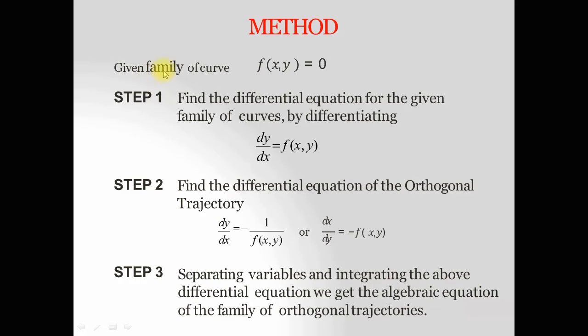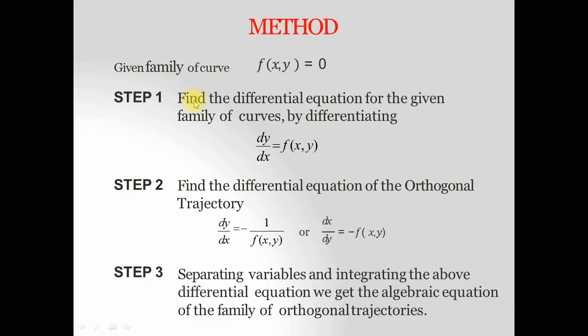Now how to find an orthogonal trajectory for a given family of curves? There are some procedures. First of all, suppose we have a given family of curves, and we want to find the other orthogonal family for this curve.